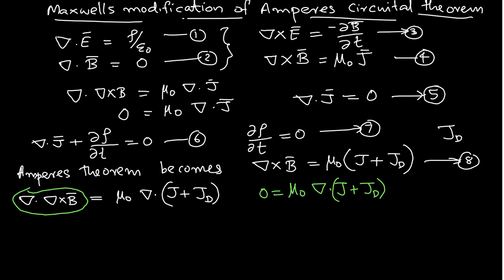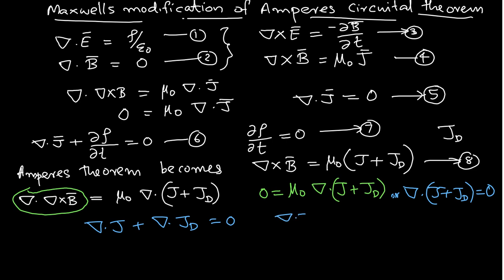Or del dot J plus JD equal to 0. Expanding, del dot J plus del dot JD equal to 0, or del dot J is equal to minus del dot JD.